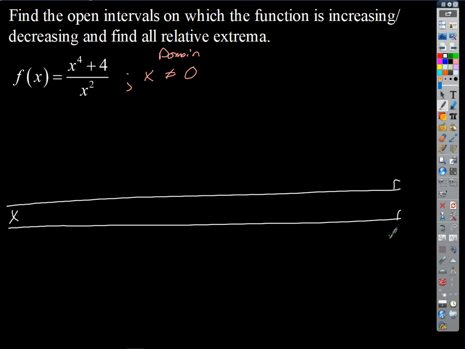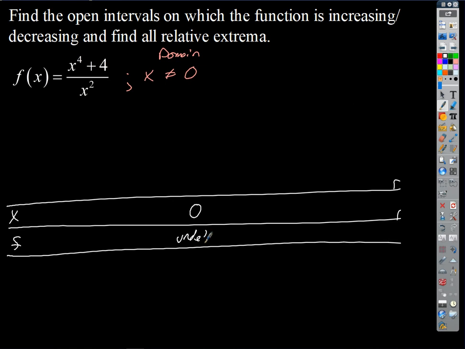how are we going to represent that domain in our table, do you suppose? I mean, that's a pretty important number, 0. We put 0, we go down to f of x, and it's undefined. Okay, so on the F row, that's going to be undefined. There are no endpoints.